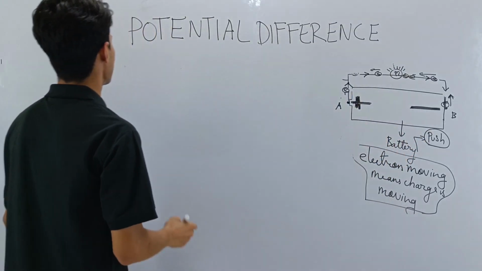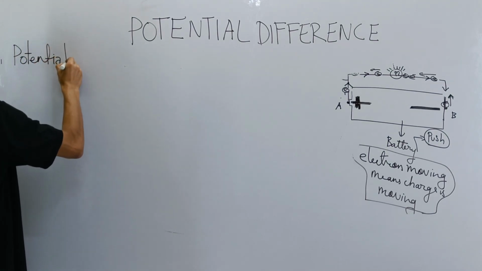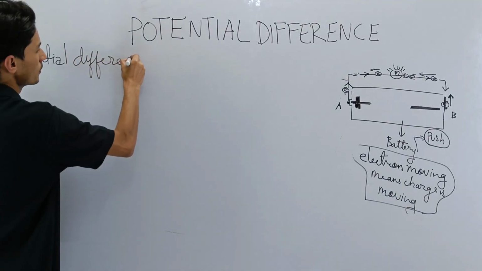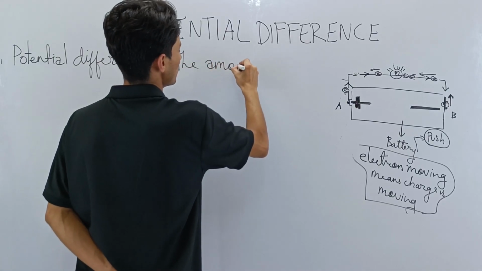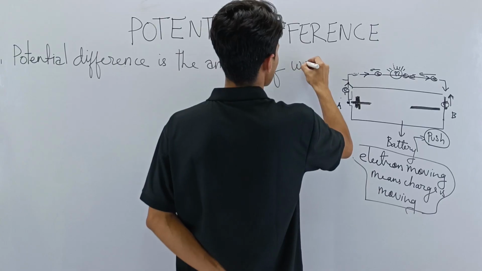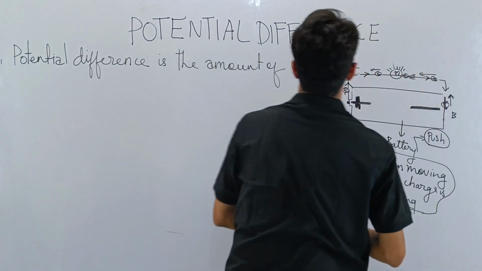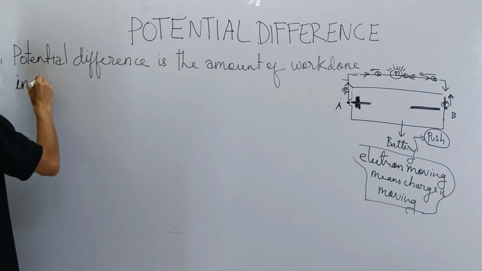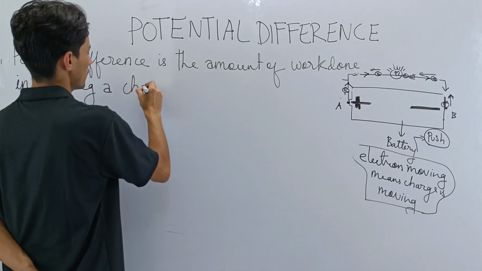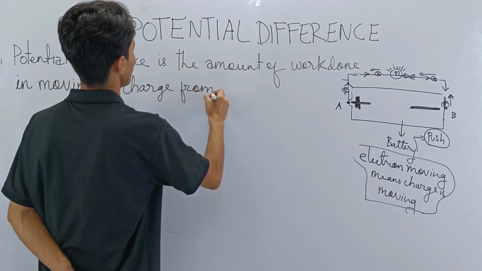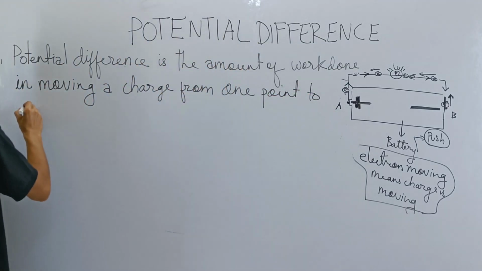Now, what is potential difference? The definition I'll give you: potential difference is the amount of work done in moving a charge from one point to another.